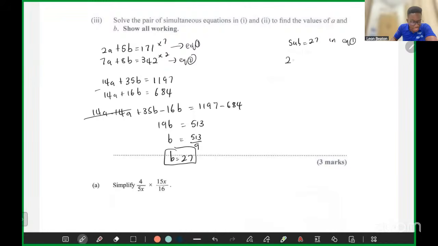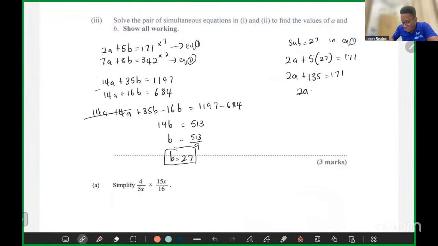So you'll have 2A plus 5 times B, which is 27, is equal to 171. So 2A plus 5 times 27, that would give us 135, is equal to 171.